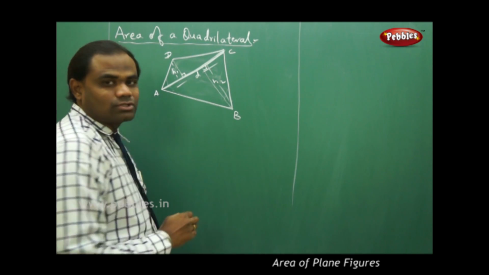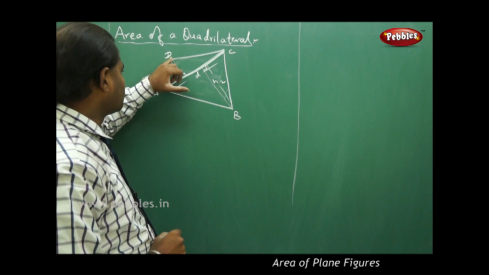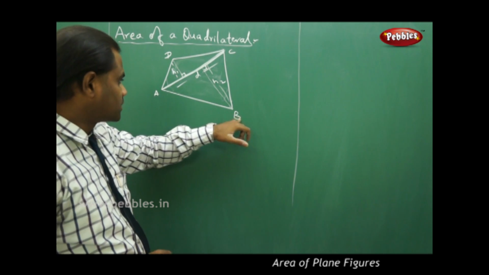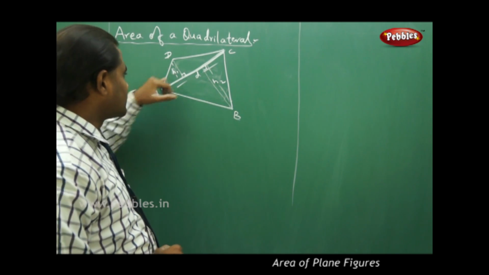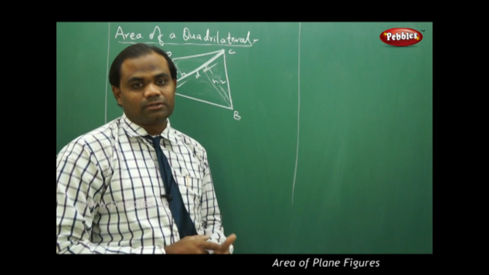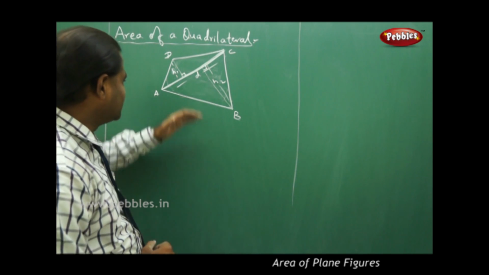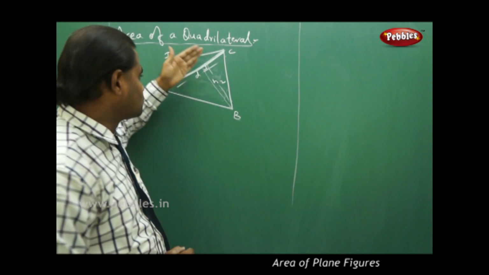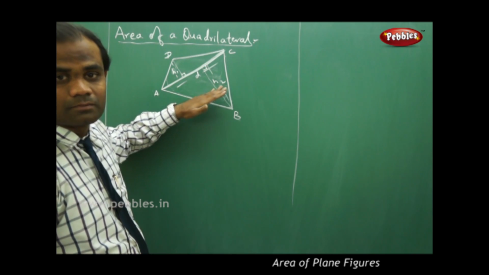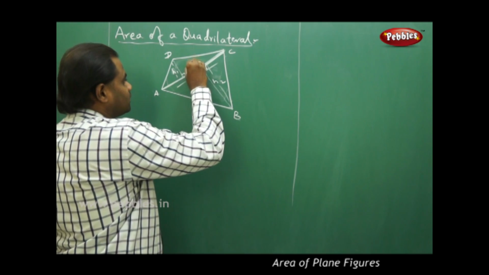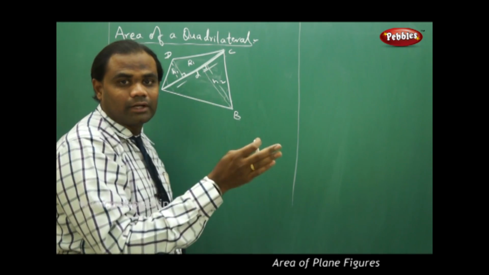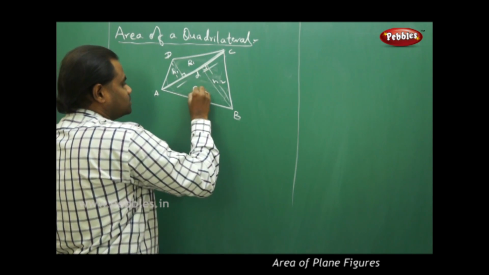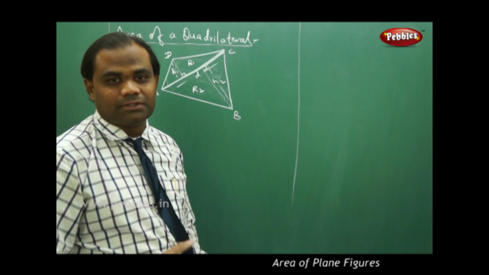Now, with these two heights, where the perpendicular dropped from vertex D to the diagonal is H1, the perpendicular dropped from vertex B is H2, and the diagonal AC is represented with D, I clearly understand that the diagonal divides the quadrilateral into two triangles. So there are two regions which I identify when breaking up a quadrilateral along its diagonal. This is region 1, and this is region 2.